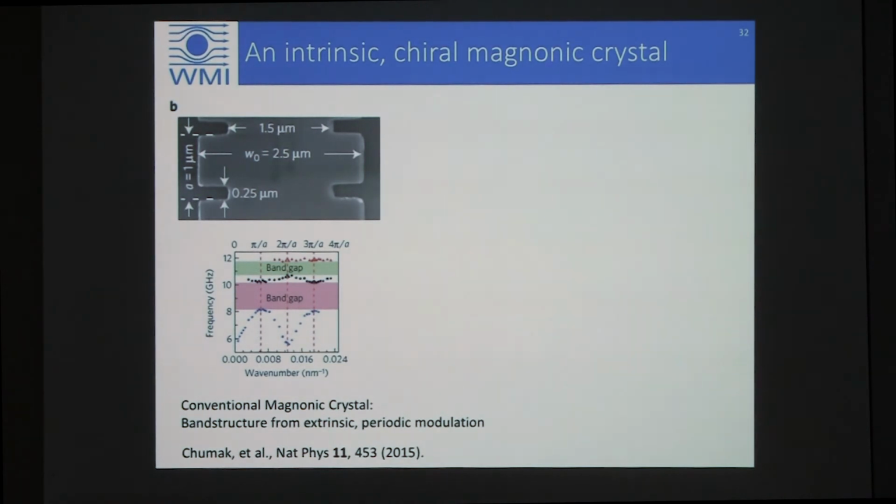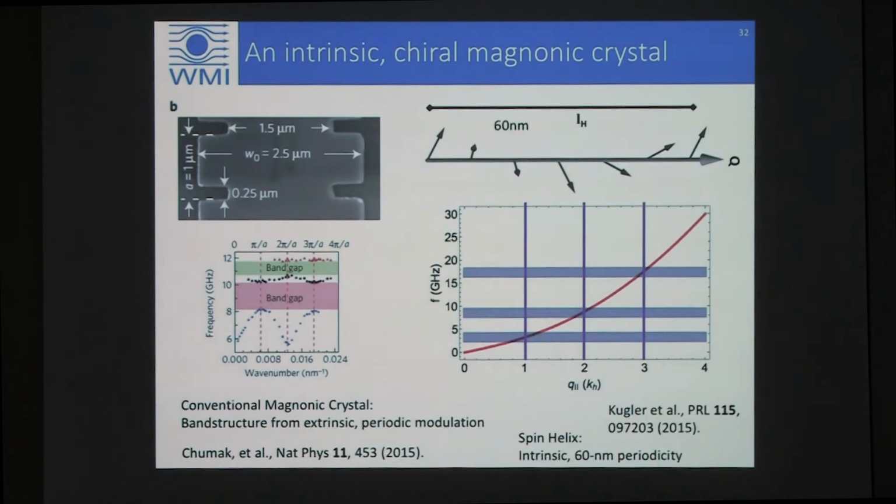Right, so you introduce some periodic modulation, which typically changes the demagnetization field, and that then gives rise to the band gaps in the structure. And well, people in the field of magnetics are excited because you can look at magnon propagation in this magnetic crystal, right, and maybe use it also for real data processing applications.